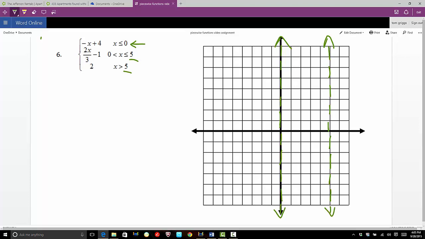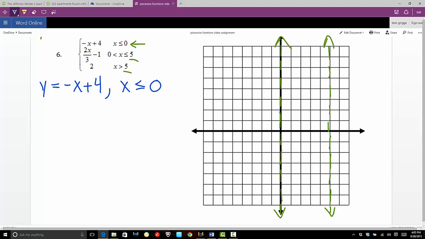So this time we're going to have 3 pieces instead of just 2 pieces, but it's really the same process. If you understand what you're doing, feel free to fast forward to check your answer. But I'm going to go through this problem, and I'm first going to graph the line y equals negative x plus 4. And I only want the piece that is less than or equal to 0.